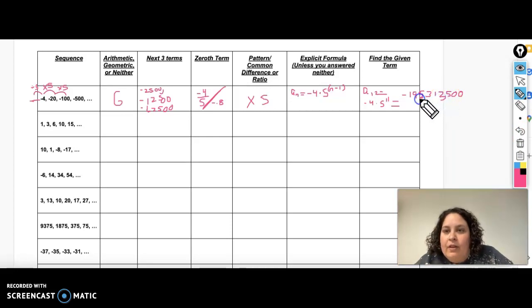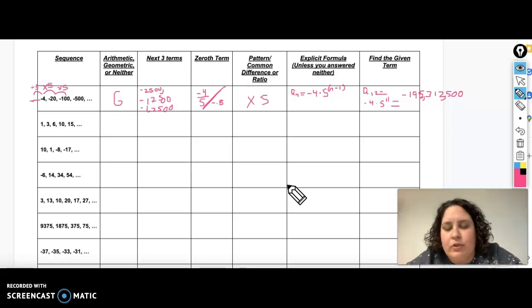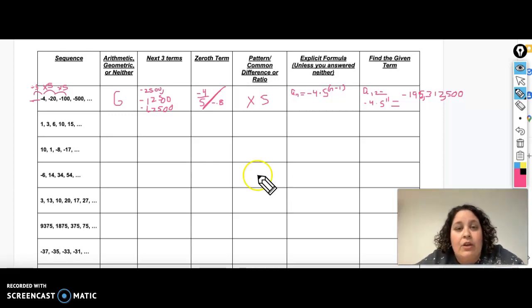We have -195,312,500. Whew, big number because we're multiplying by 5 a lot. And that's it. So I should be able to answer all of these questions tomorrow. Again, whether I give it to you in a form that looks like this, or whether I give you multiple choice or matching questions or something, you should be able to answer all of these terms.